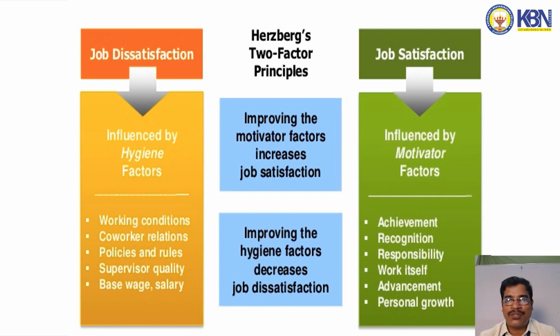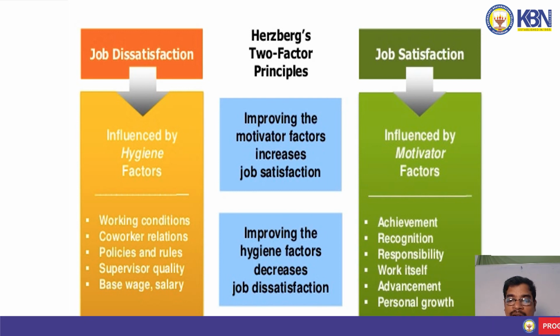And now when it comes to job satisfaction, what makes an employee get satisfied? Herzberg has classified these job satisfaction factors as motivating factors, like achievement, recognition, responsibility, work itself, advancement, personal growth.